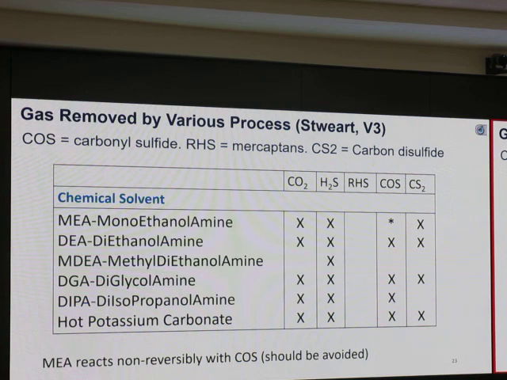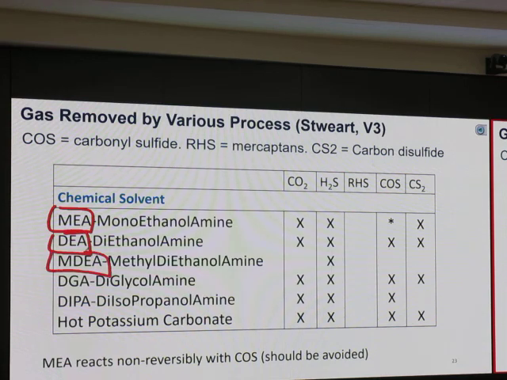has a chemical reaction because these are chemical solvents. We have MEA, DEA, MDEA, DTA, DIPA, and so on. What do you memorize? You have to know this name, that name, and that name. That is the commonly used.